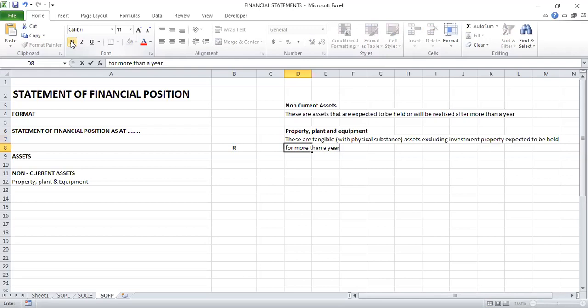Investment property is property that is rented out, like those flats that you see in towns that are rented out. They are also non-current assets, but they are shown separately. Examples include land and buildings, of course excluding investment property, that is land and buildings that are being rented out.